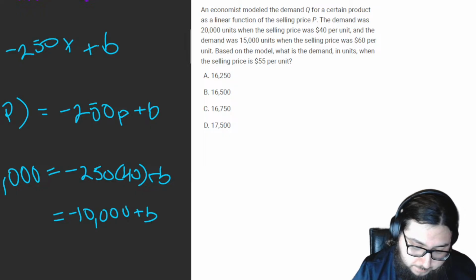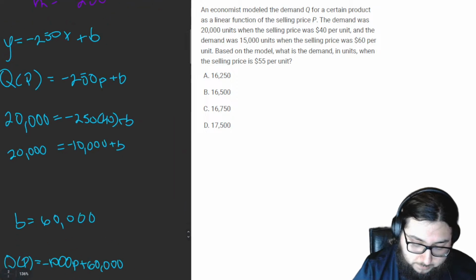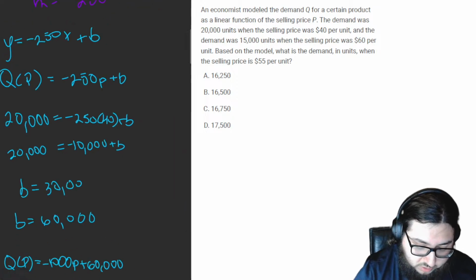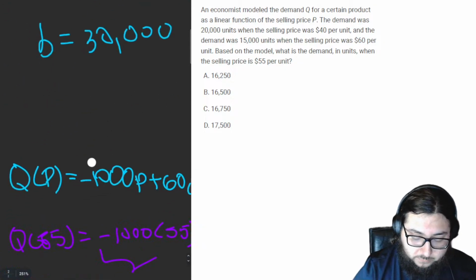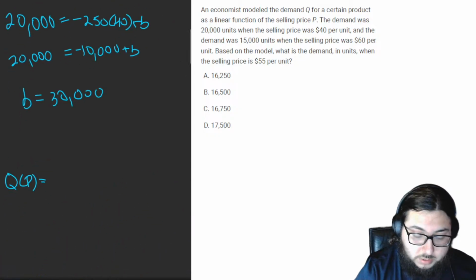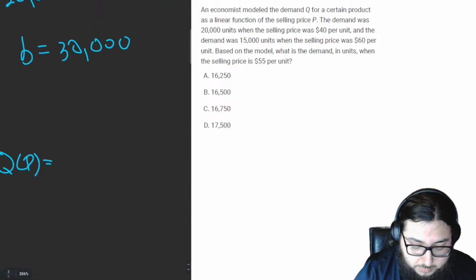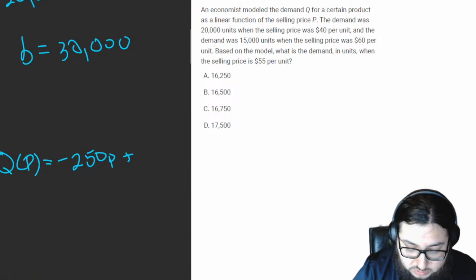Yep, plus b is equal to 20,000. Therefore, b, if we add 10,000 on both sides, is equal to 30,000. So instead, our linear function should be that Q of P is equal to negative 250P plus 30,000.